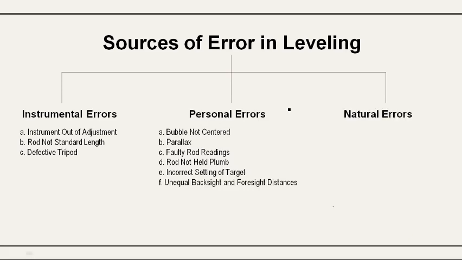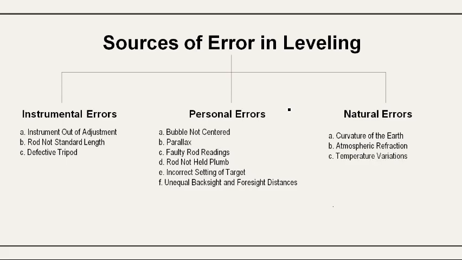Now we'll go to the natural errors. These errors are caused by natural sources. This type of error cannot be totally removed, but we can apply corrections to reduce or minimize it. First is the curvature of the earth. Second is atmospheric refraction, or the presence of heat waves during the conduct of the survey.